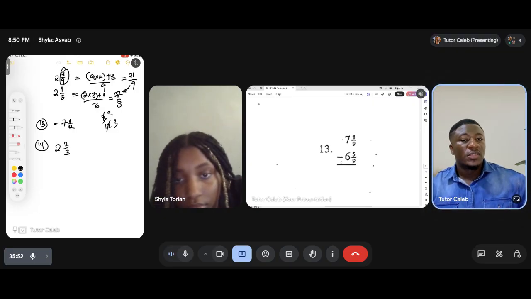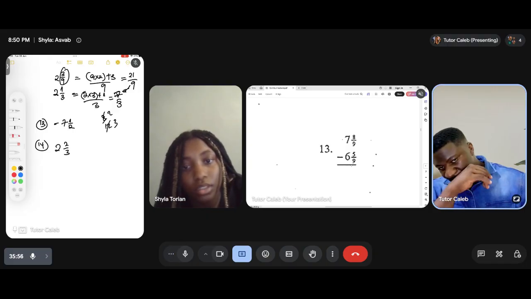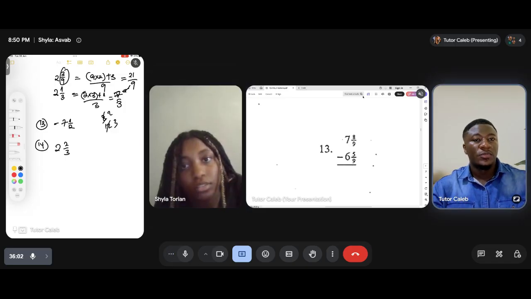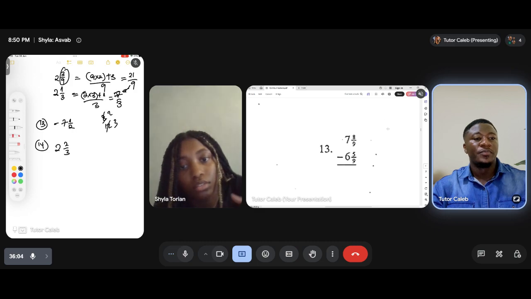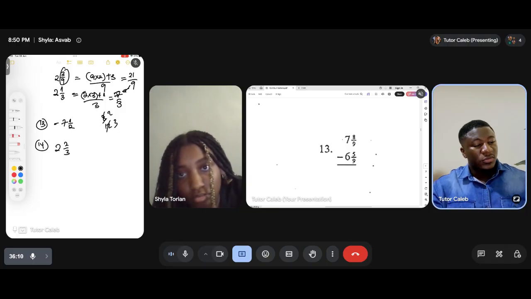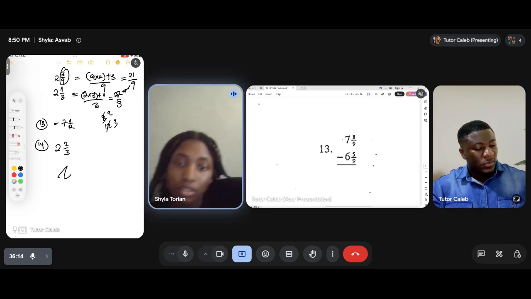7 and 8 over 9 minus 6 and 5 over 9. 1 and 3 over 9. Yes, but you have to reduce the fraction. This is what you said, 1 and 3 over 9.